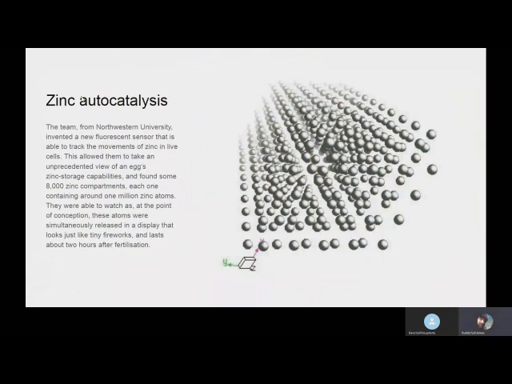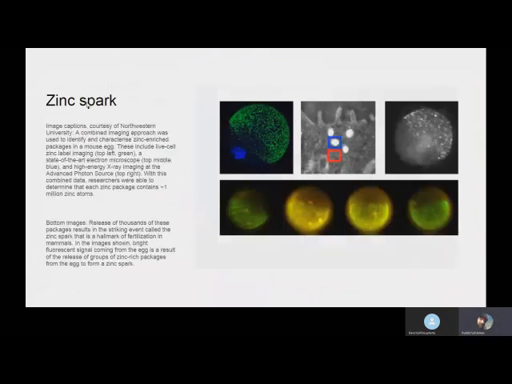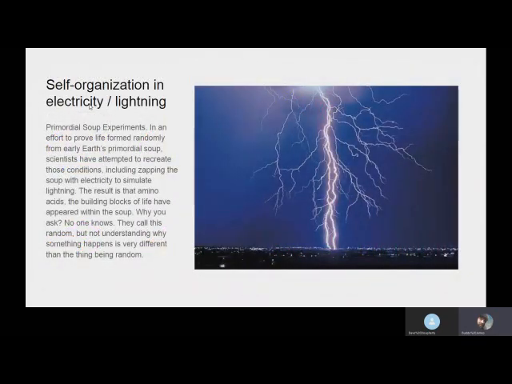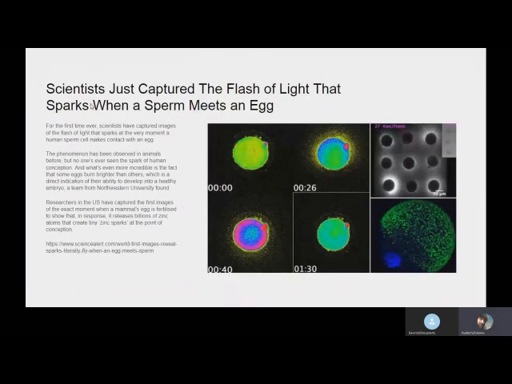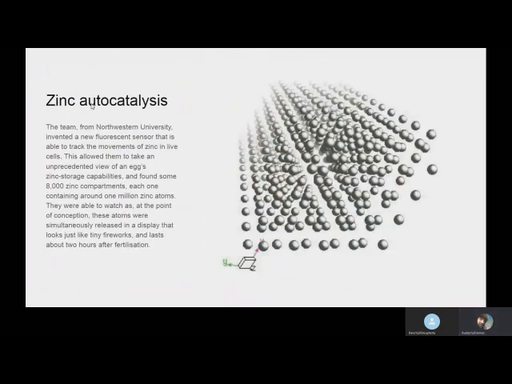Zinc autocatalysis. So this is all from the same article here from sciencealert.com. The team from Northwestern University invented a new fluorescent sensor that is able to track the movements of zinc in live cells. This allowed them to take an unprecedented view of an egg's zinc storage capacities and found some 8,000 zinc compartments, each one containing around 1,000,000 zinc atoms.